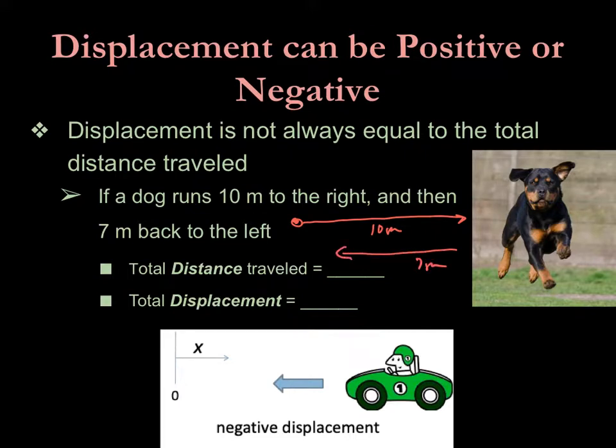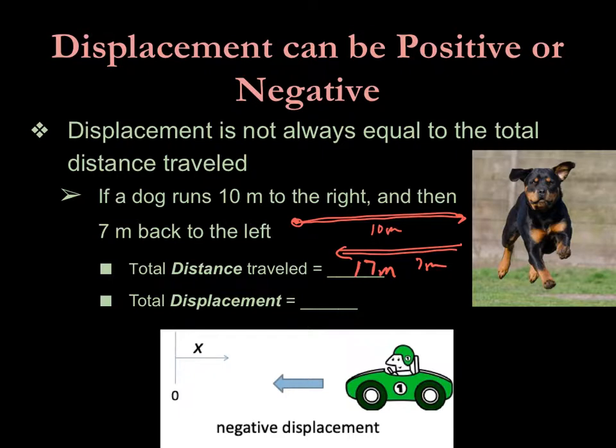Okay, let's say this is our total travel. You throw the ball, dog runs, gets it, comes back. In this case, the dog has gone 10 meters away, 7 meters back. So the total distance that the dog traveled is 17 meters.